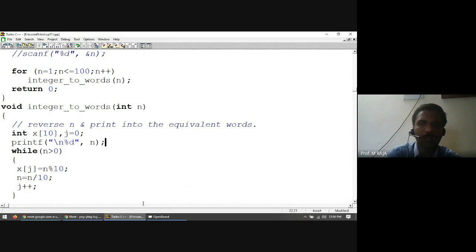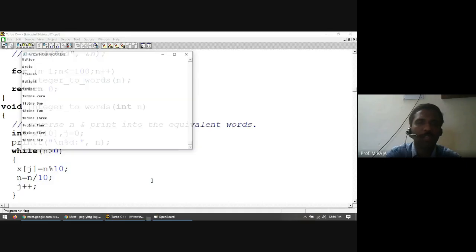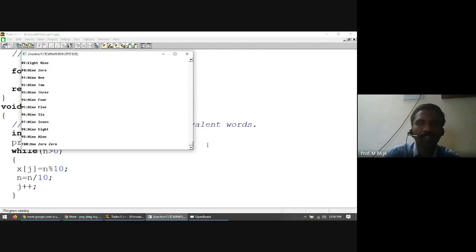N is printed, colon. I leave some space or colon. Control F9. Check if you have obtained the correct result.